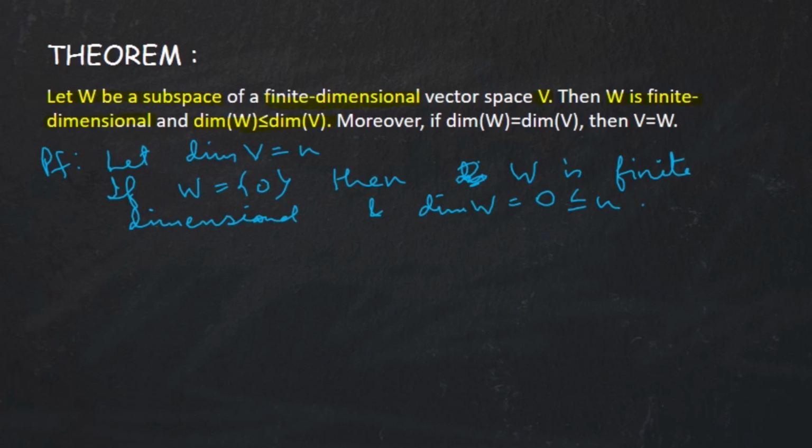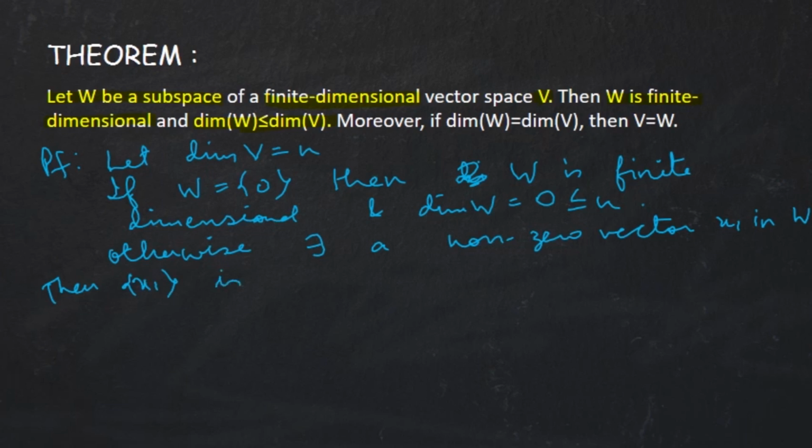Otherwise, we have a non-zero vector in W. We call it x1 in W. Because x1 is a non-zero vector, the singleton set x1 is linearly independent.